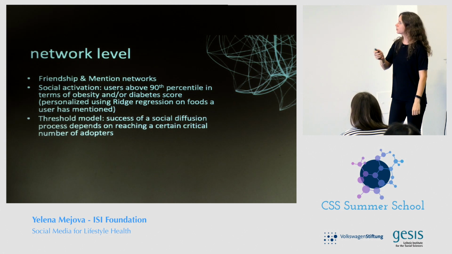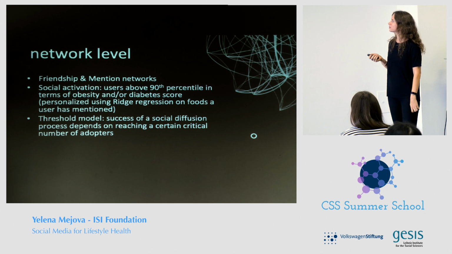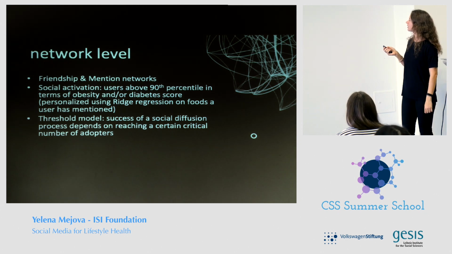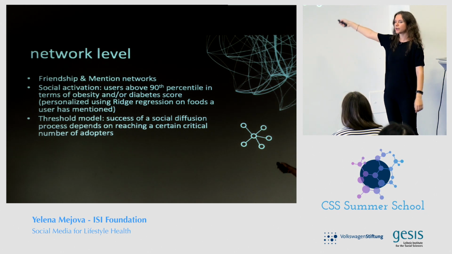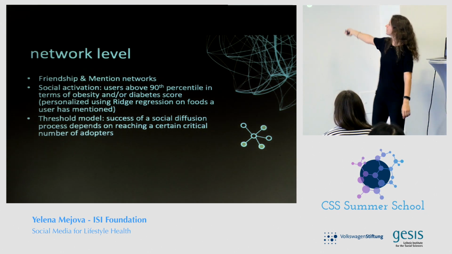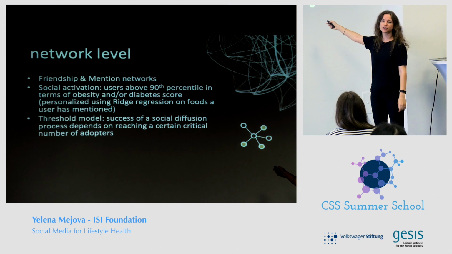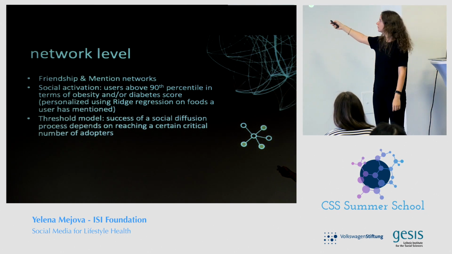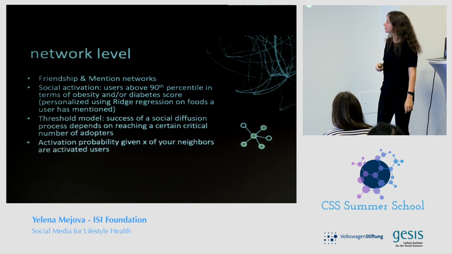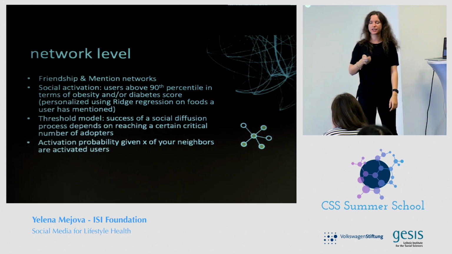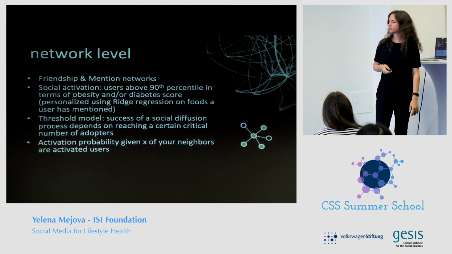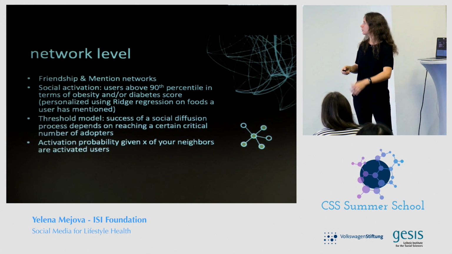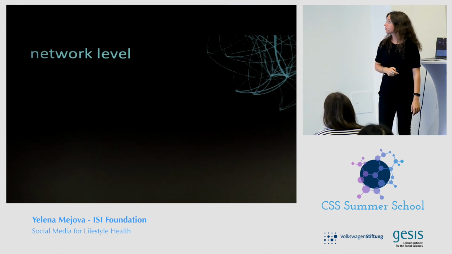We're using a threshold model which basically asks what the probability is of a node, given some neighborhood around this node, if some of these neighbors have some kind of property, that this node also gets this property. So we want to know what is the activation probability of you, given that some of your neighbors are activated users.